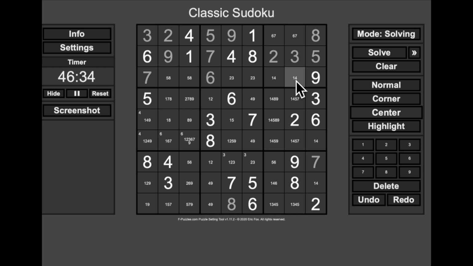This is definitely a 1 or a 4. This is definitely a 1 or a 4, which means, oh, this can't be 1 or 4. And neither can that. Okay, now we're getting somewhere.